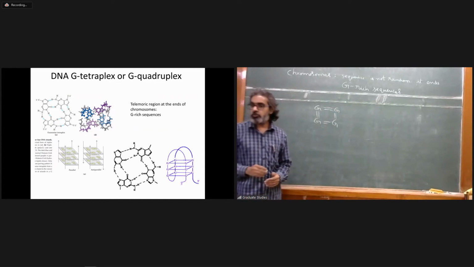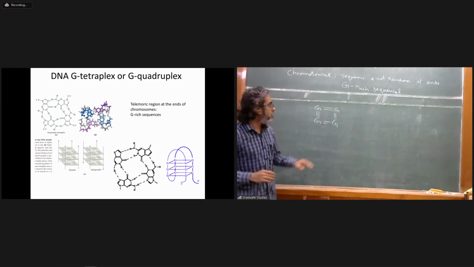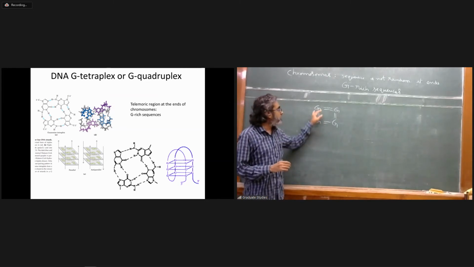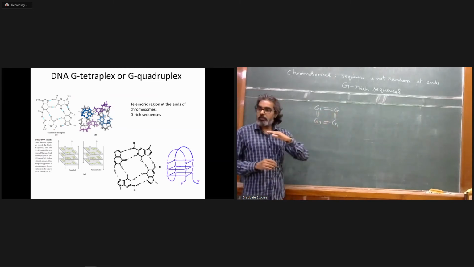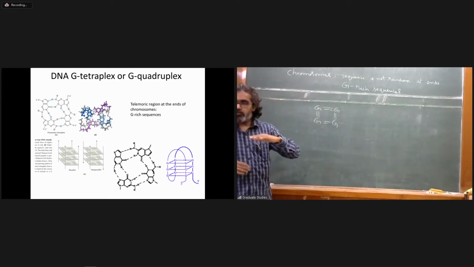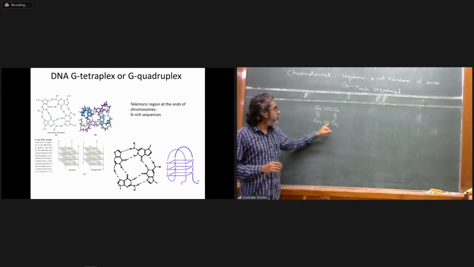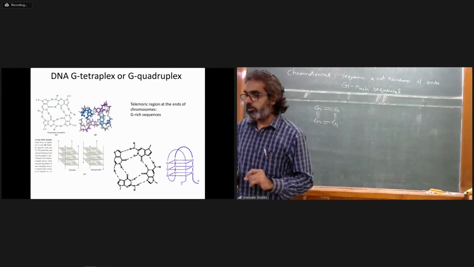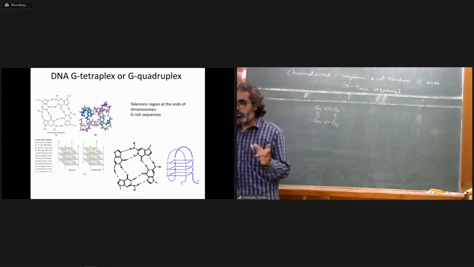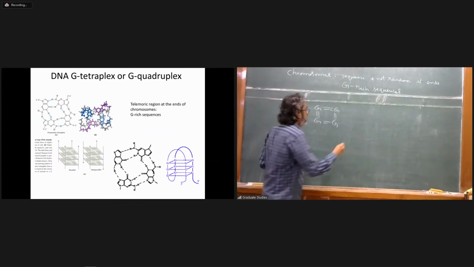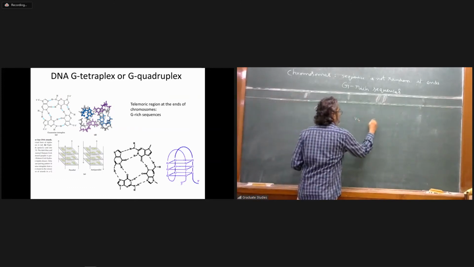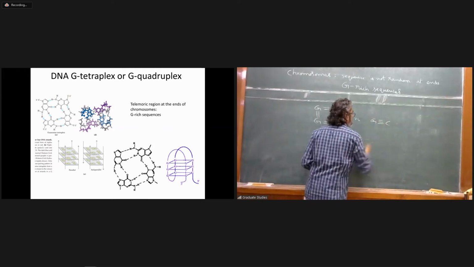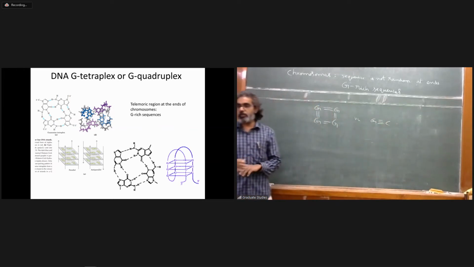The structure I'm showing here is a plane where four bases literally form a plane, and the interactions between the bases are stabilized by hydrogen bonds. Typically guanosine gives 3 hydrogen bonds to C in a GC pair, and these hydrogen bonds are perfect.